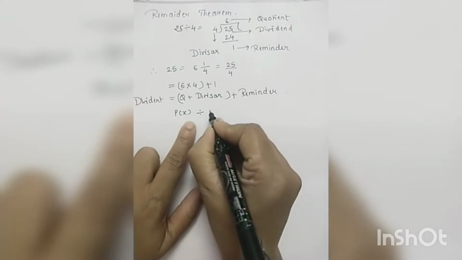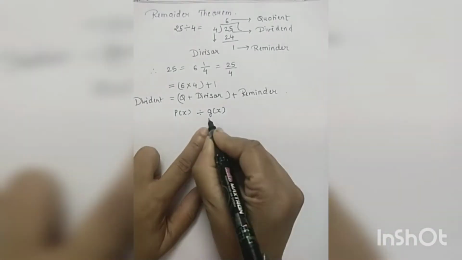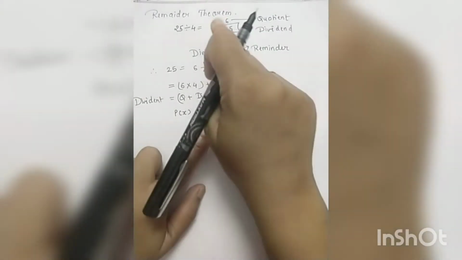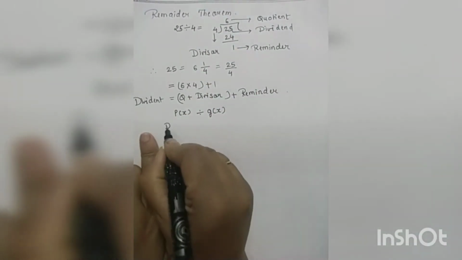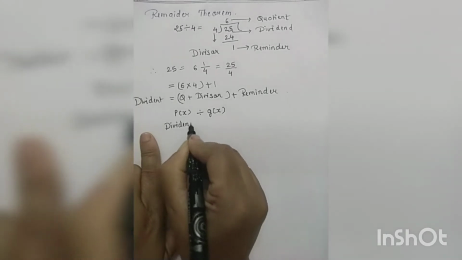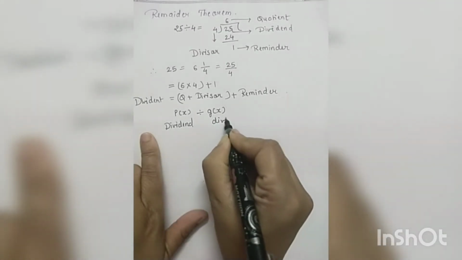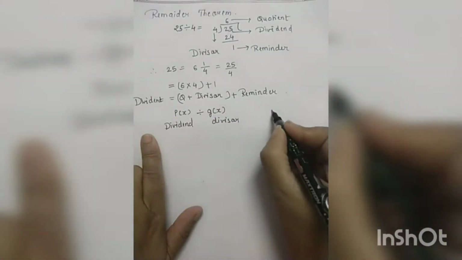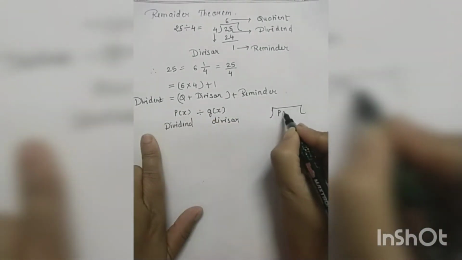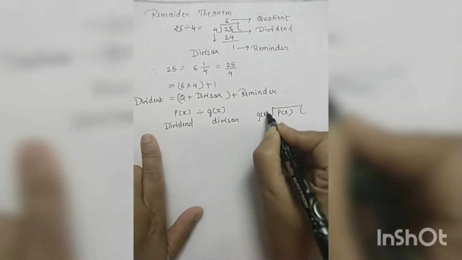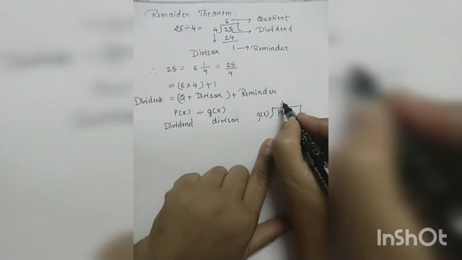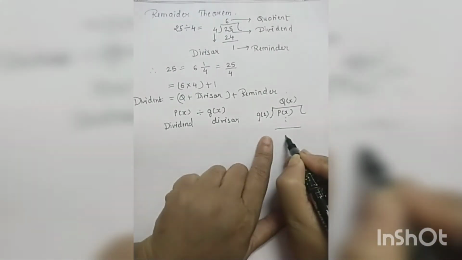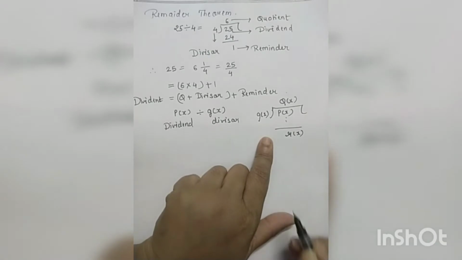It is divided by, for example, g of x. So this is my dividend and this is my divisor. What will happen if I divide p of x by g of x? I will get some quotient q of x, and I will have one remainder also, r of x.